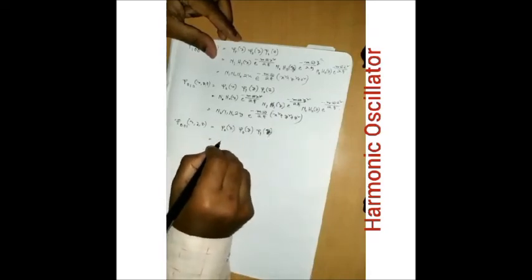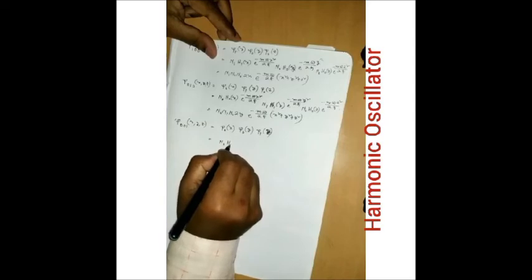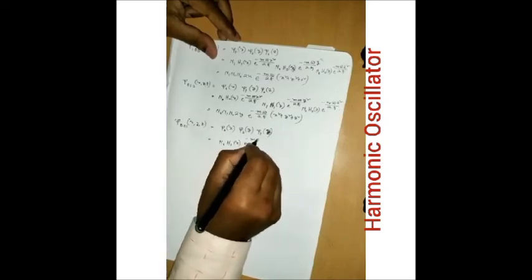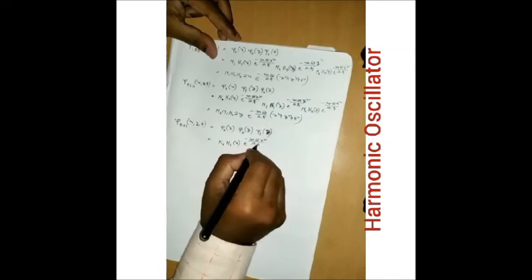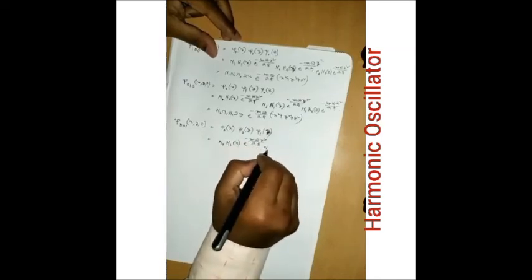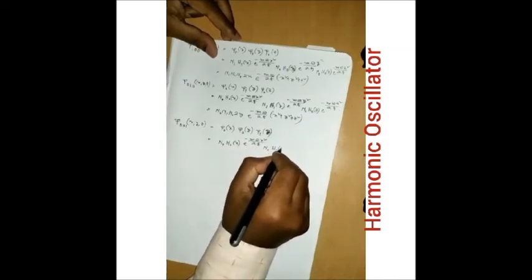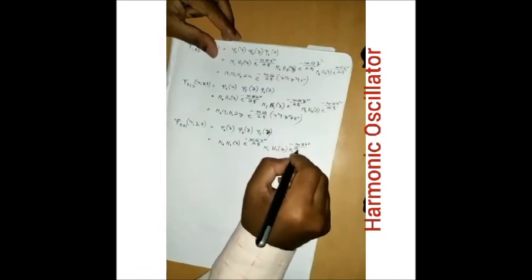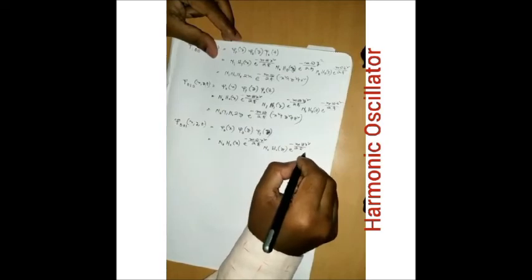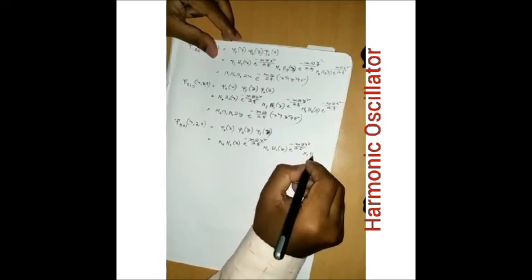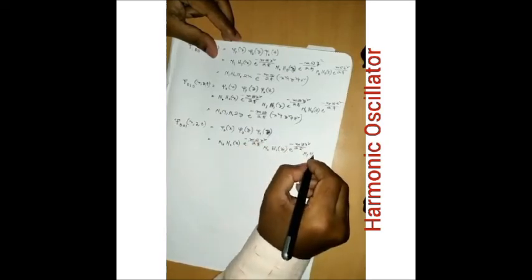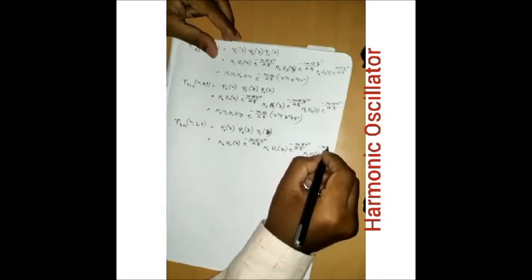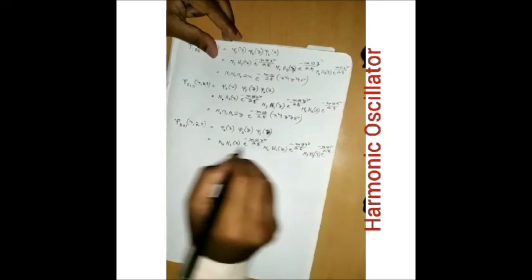So psi 0 x will be N naught H naught x e to the power minus m omega x square upon 2 h cut; N naught H naught y e to the power minus m omega y square upon 2 h cut; and for psi 1 z, N1 H1 z and e to the power minus m omega z square upon 2 h cut.